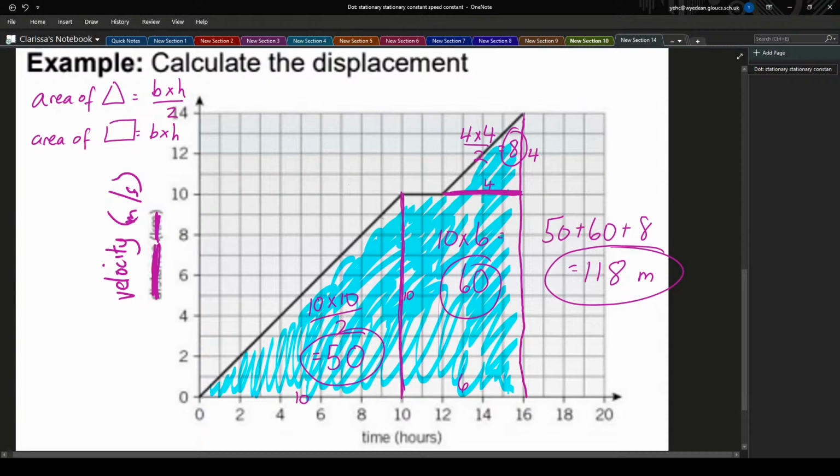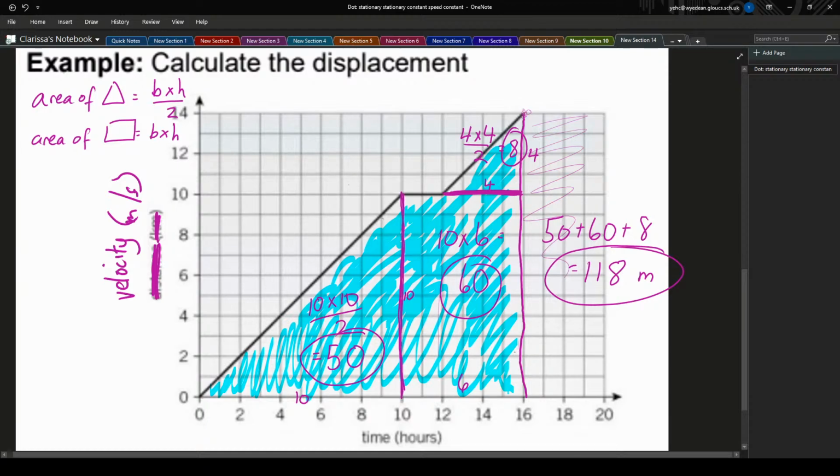So the distance traveled is basically the area under the graph. So you look at the graph and you take it down from the actual graph line, all the way down to the x-axis. Notice that I ignored all this space by here because that's not area under the graph. My graph stopped just by there.